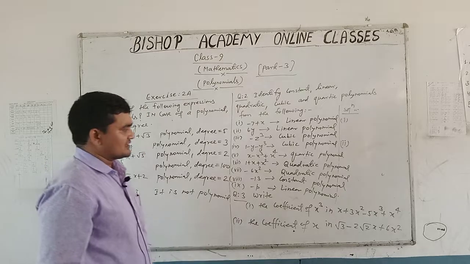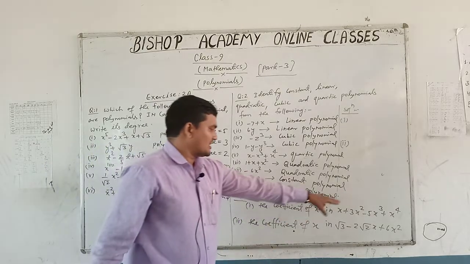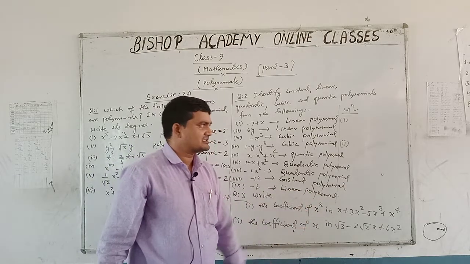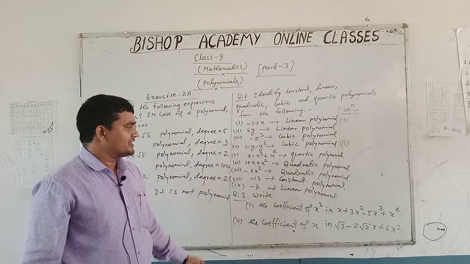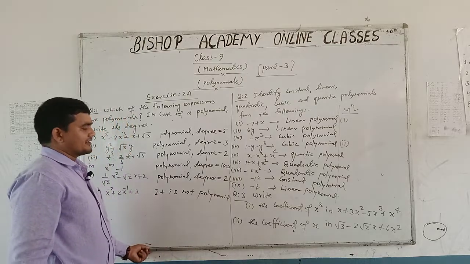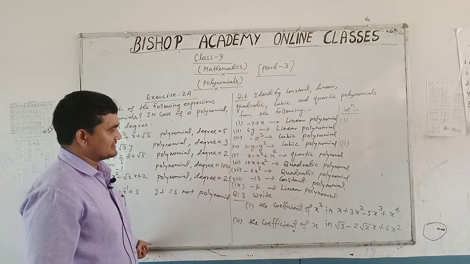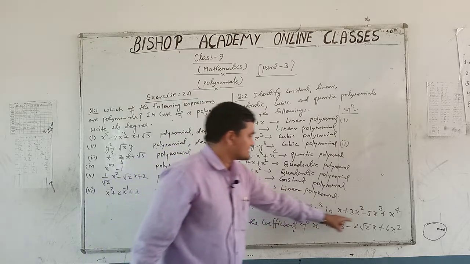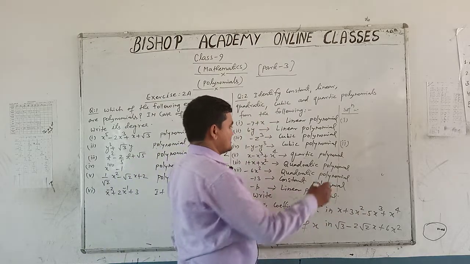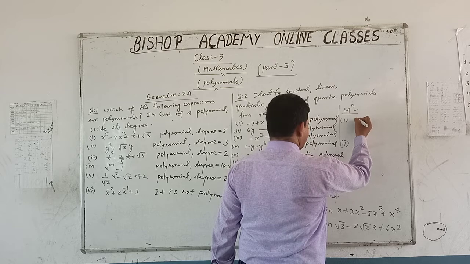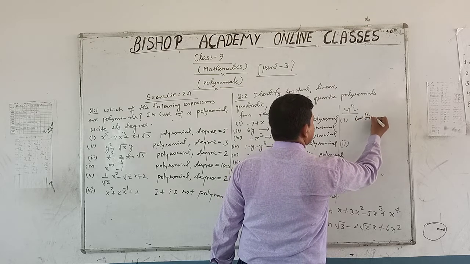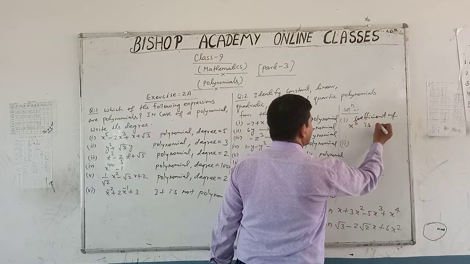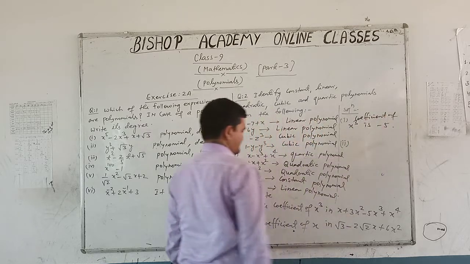In first part we see multiple of x cube is -5, and also we know that multiple in any polynomial refers as coefficient. Therefore coefficient of x cube in this polynomial is -5, means coefficient of x cube is -5.